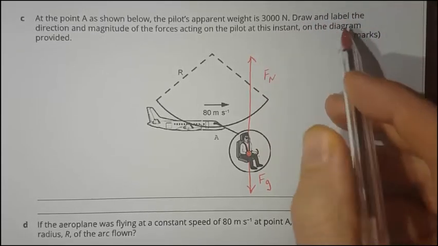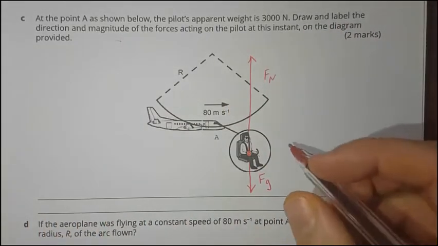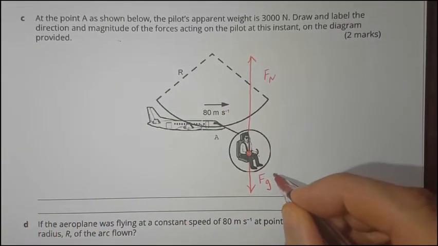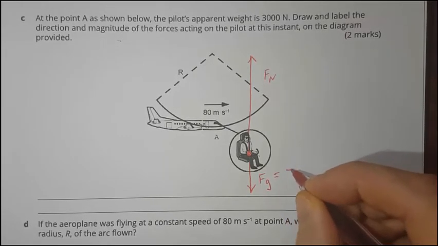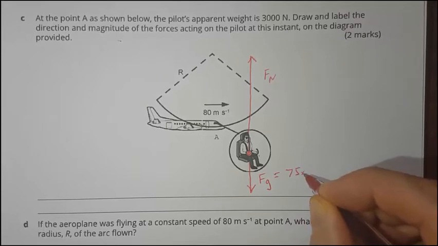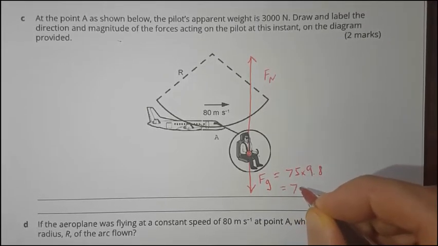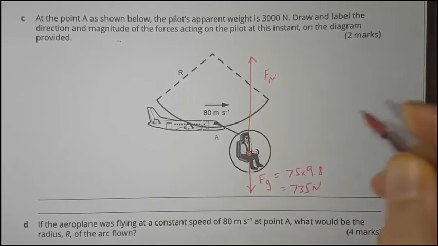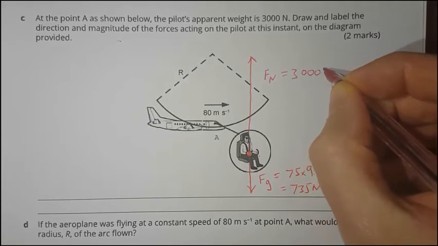The question says to draw and label the direction and magnitude of the forces as well. So for FG, right at the start of the question it says his mass is 75 kilograms, so 75 times 9.8 gives you 735 newtons, and the normal force has been given to you already, 3,000 newtons.